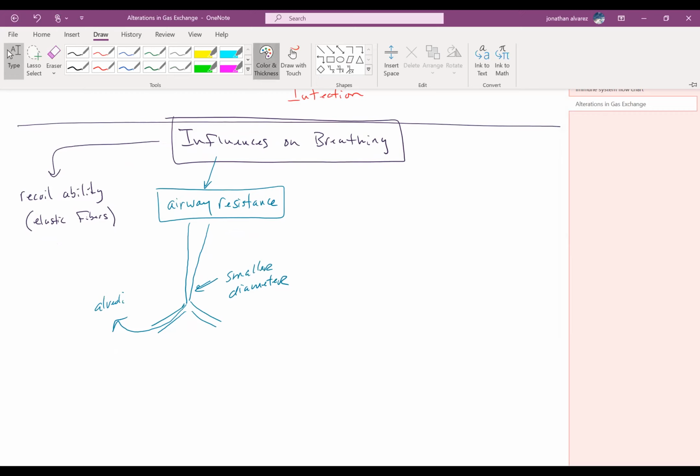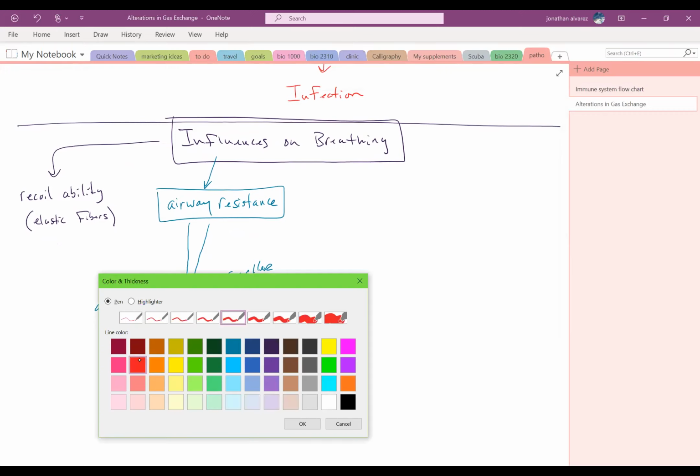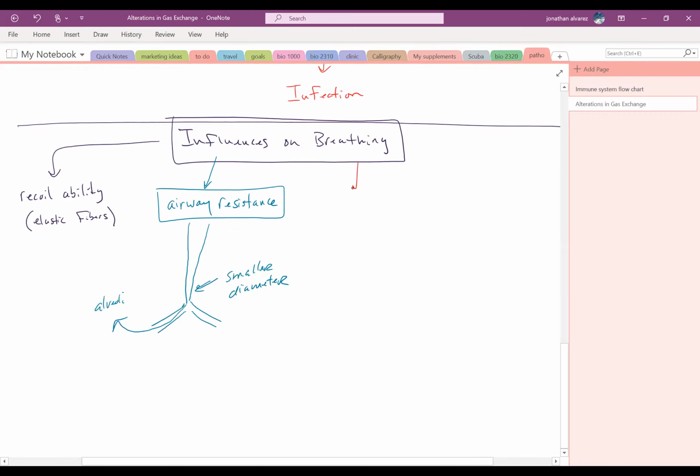Another one can be smooth muscle tone. Okay, so the body, remember the body has 3 types of muscle: skeletal muscle, cardiac muscle, and smooth muscle.